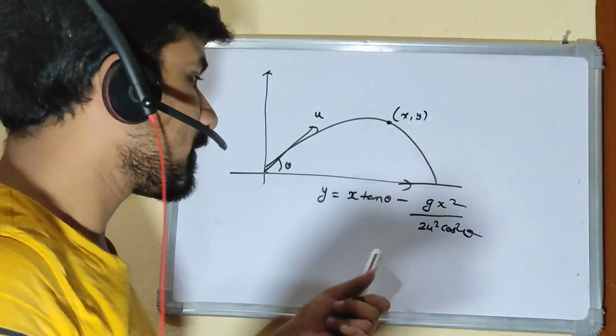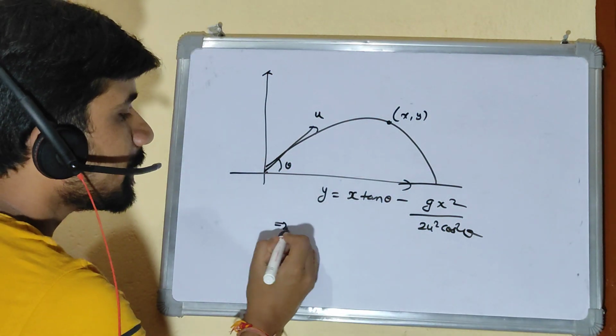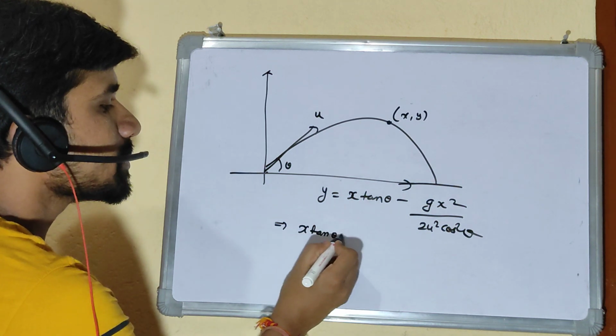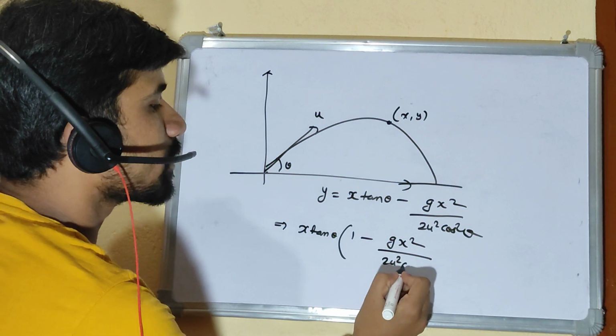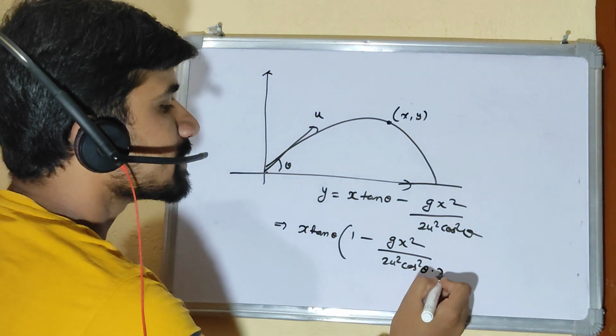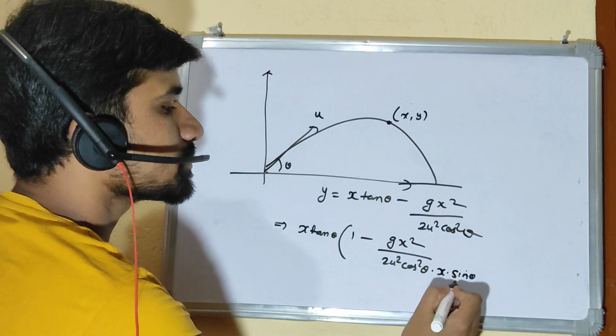But we can also simplify this a bit more. If I take x tan theta common here, this becomes 1 minus gx by 2u square cos square theta into x tan theta. Tan theta is nothing but sine by cos.